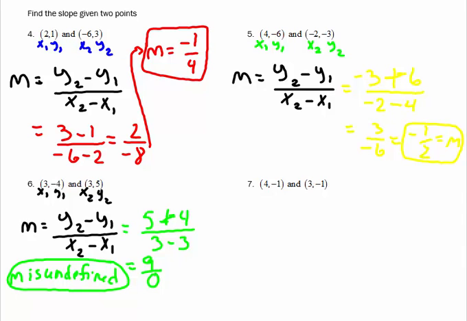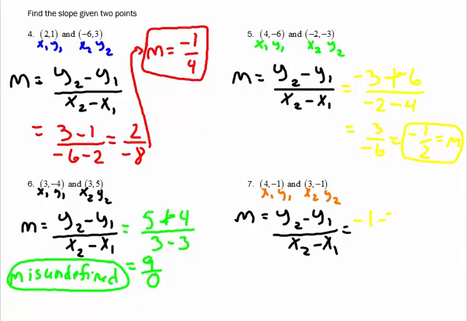So number 7. Label these points, x1, y1, and x2, y2. Using our formula for the slope equaling y2 minus y1 over x2 minus x1. Well, y2 is negative 1 minus a negative 1.